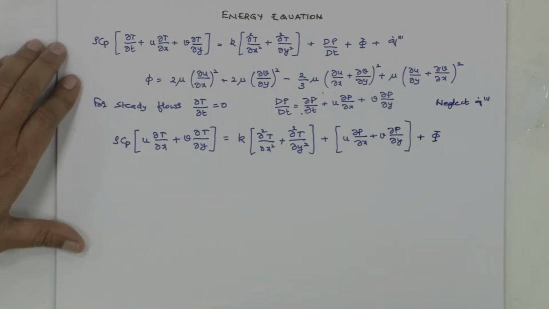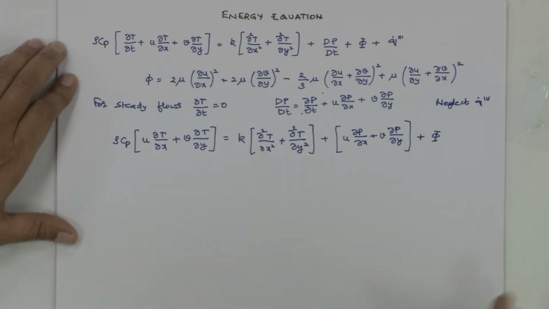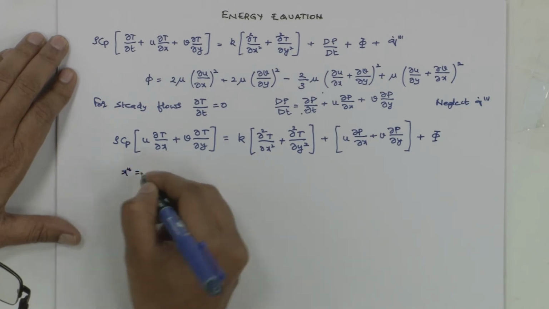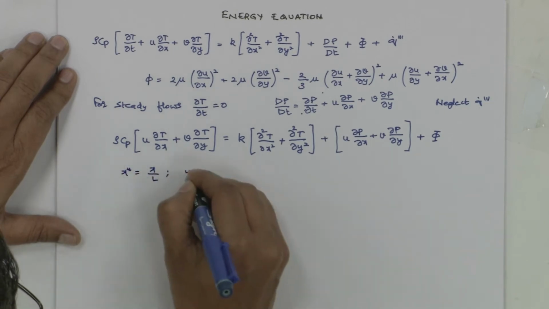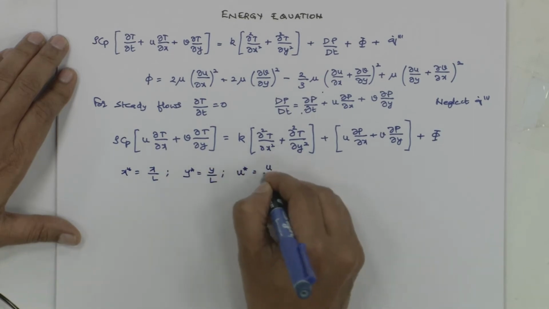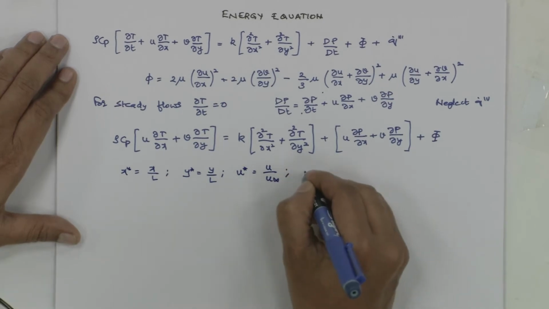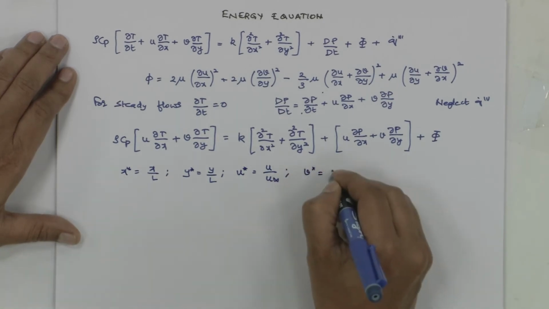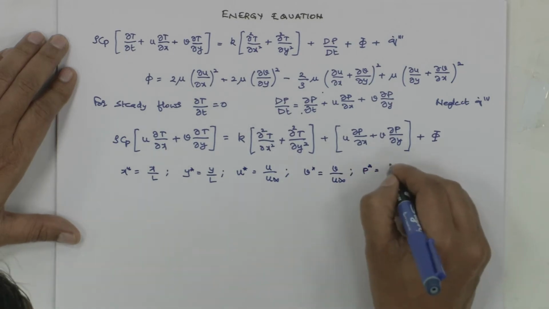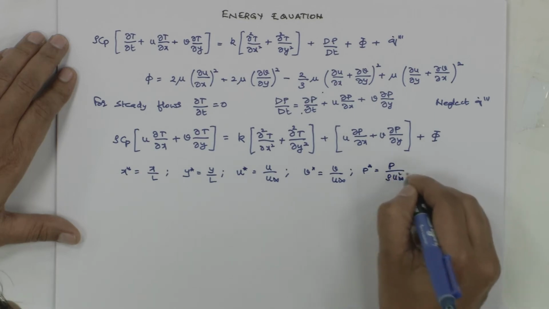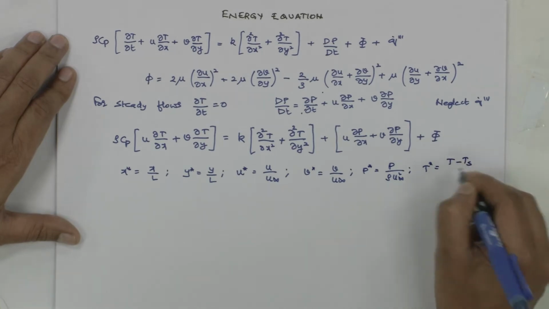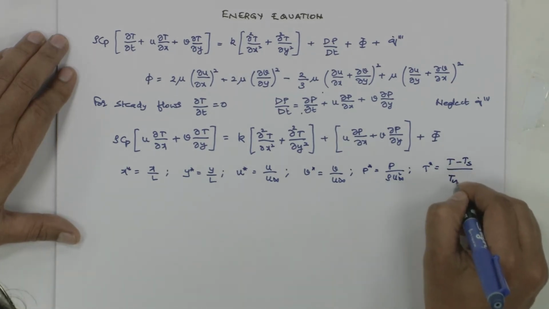Okay. So, with this, now again I will do that non-dimensionalization what I did, that is x star equal to x by L, y star equal to y by L, u star equal to u by u infinity, and v star equal to v by u infinity, p star equal to p by rho u infinity squared, and T star equal to T minus Ts upon T infinity minus Ts.